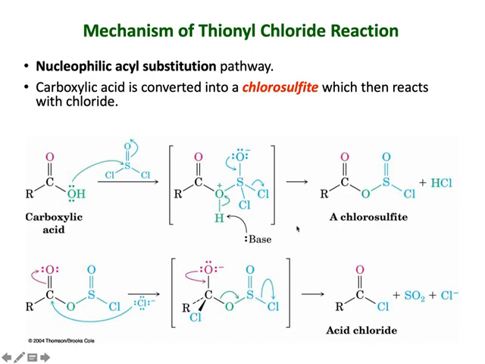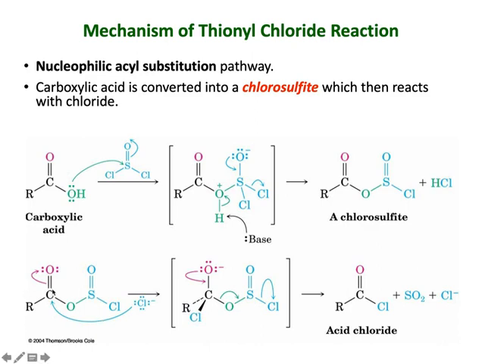So here is the first step of the mechanism, and then look at this Cl minus. Cl minus from HCl is a strong nucleophile and attacks this C double bond O. This one we call nucleophilic substitution.